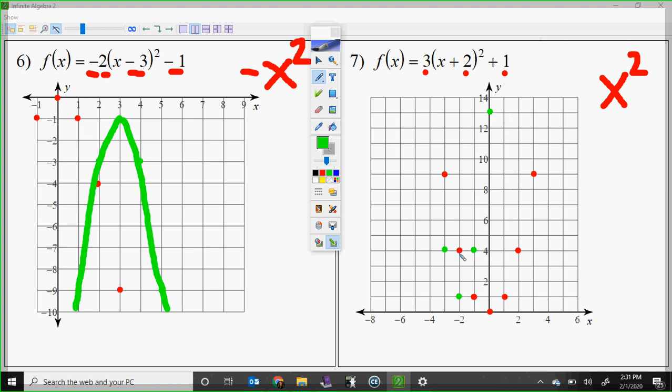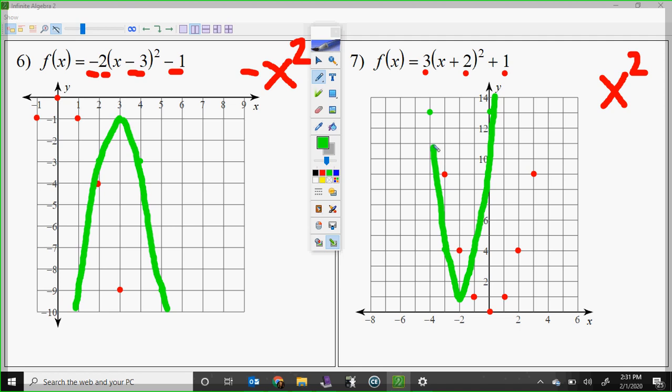This will be making it symmetrical, but let's see. 4 times 3 is 12, so go up to 12, left 2, up 1, put a point, and I do see my points are symmetrical, and I end up with a very, very thin parabola that I'm missing my point on. Sorry. See if I do better on this side.